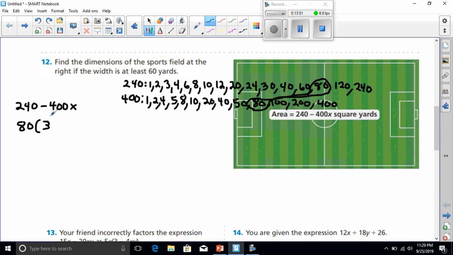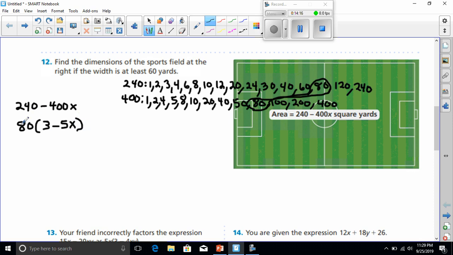And then, well, we have a negative 400. So even though 80 times 5 will give me 400, I need to do a negative 5. And since there's an x at the end, it'll be negative 5x. Okay?